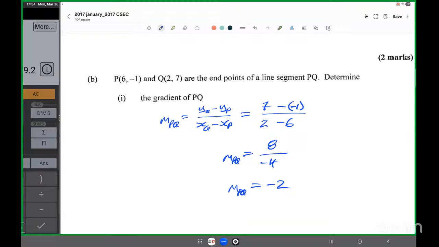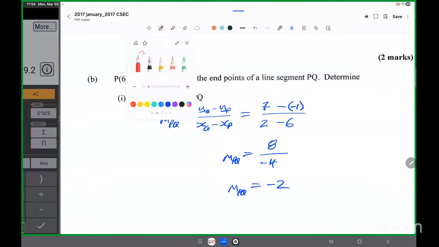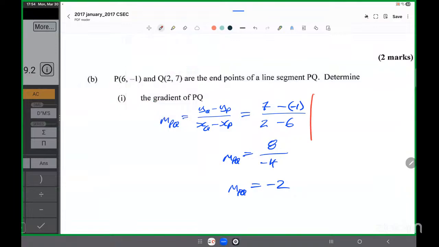No, it doesn't matter the order. You have to be consistent with the direction. So for example, if I were to do it over, I could have gone YP minus YQ. I have to put now XP minus XQ. Correct? And so up here, you will get minus 1 minus 7, because YP would be minus 1 and 7 will be YQ.